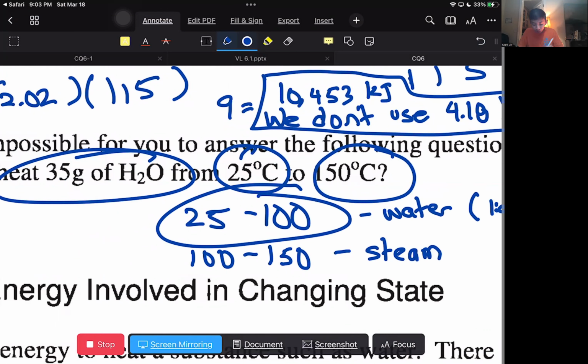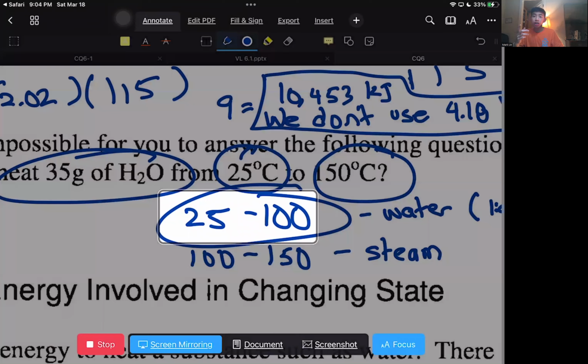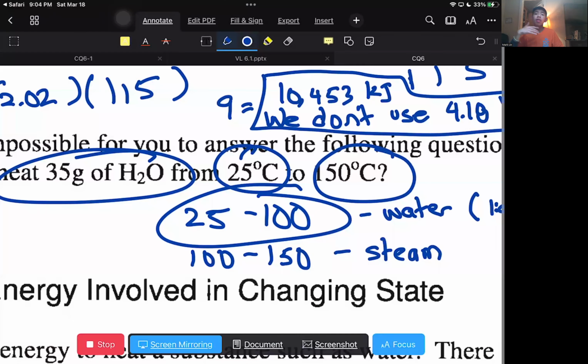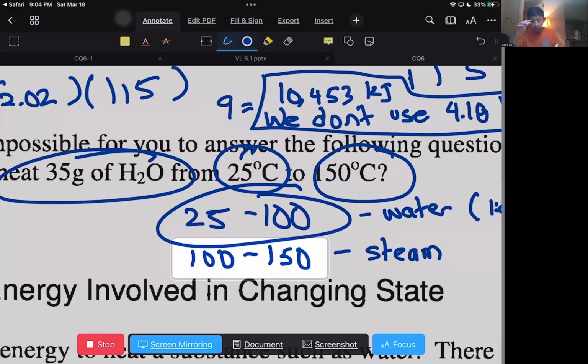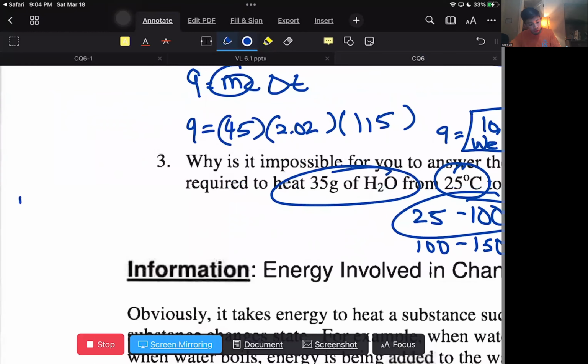So we must go from 25 to 100. That's our first calculation using Q equals MC delta T. Then we calculate the phase change from water to steam. And then we go from 100 to 150 as steam. So there's three steps here. One, raise to 100 degrees Celsius. Two, the evaporation phase change.